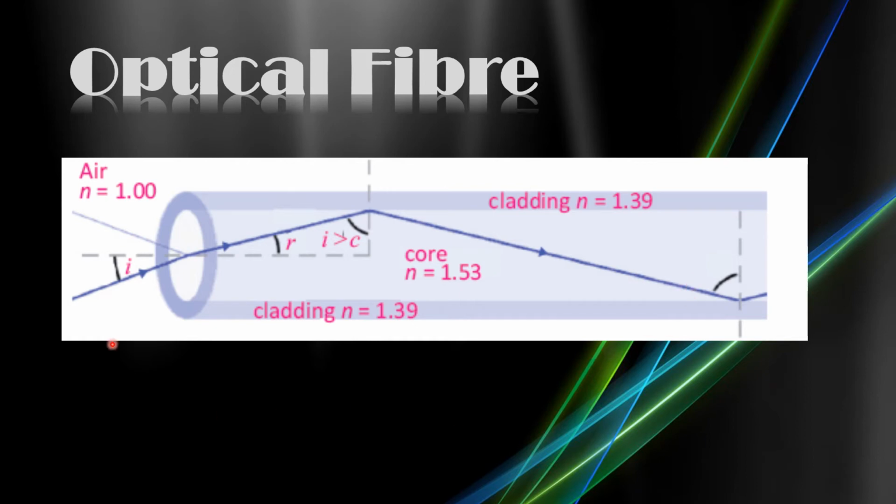And you can see in this figure that light entering from one end of the core strikes the core-cladding boundary at an angle of incidence greater than the critical angle and is reflected back into the core.